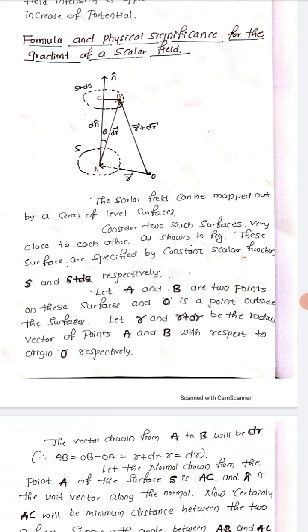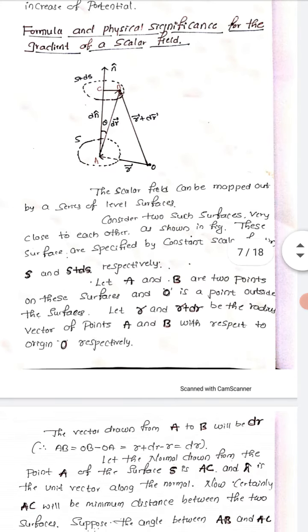O is a point outside the surface and let r be the position vector of points A and B with respect to the origin.